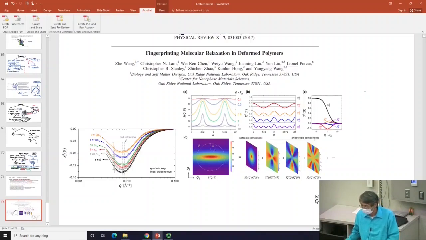In any case, one can read the technicalities from this paper.